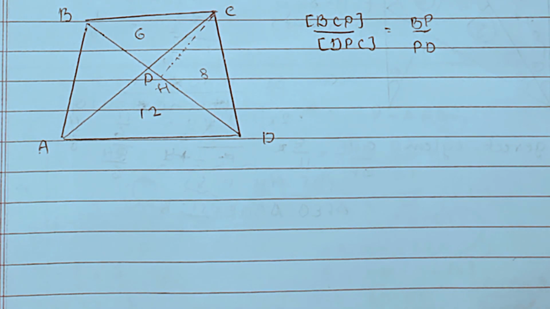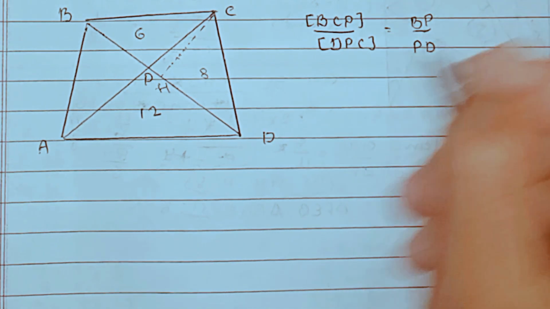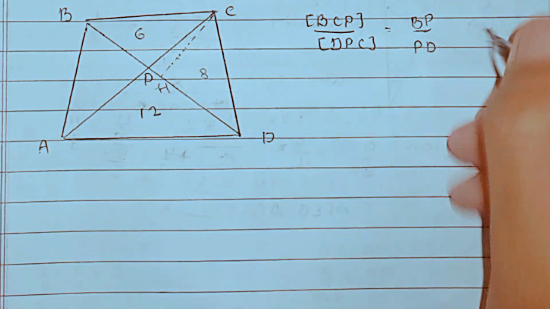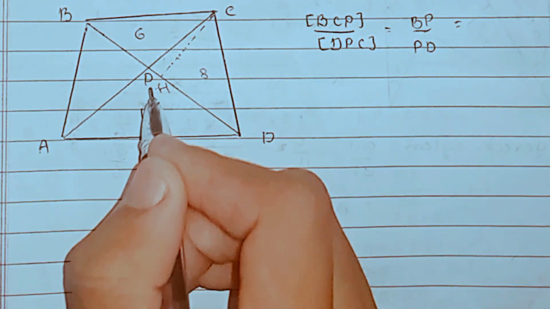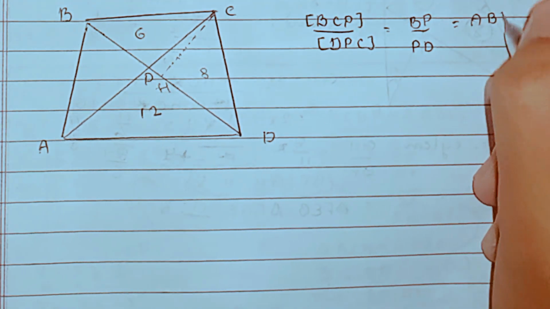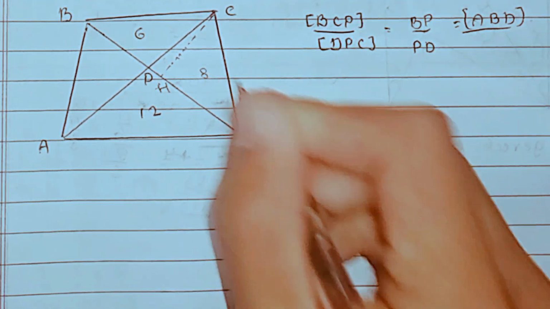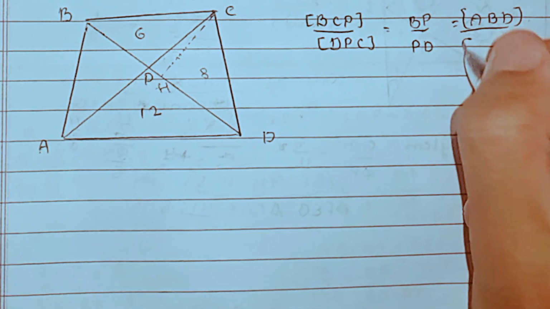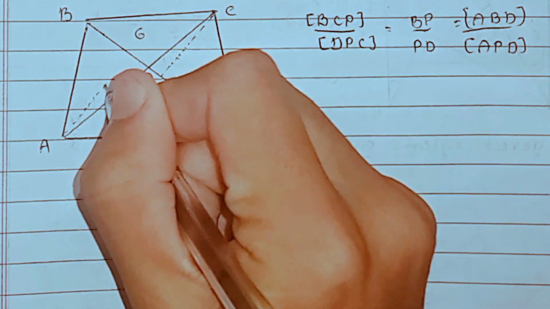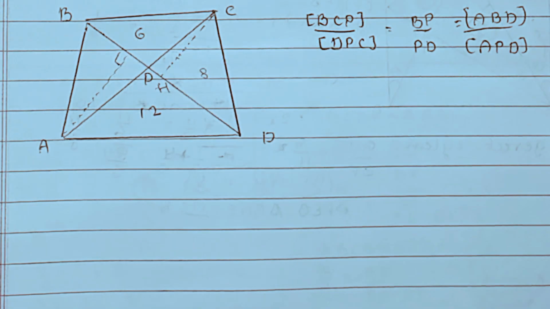Now again, for triangle ABP the base is BP, so we have ABP, and PD will also be APD. The same reason as above, because if we draw a perpendicular height, it will be equal for both triangles.